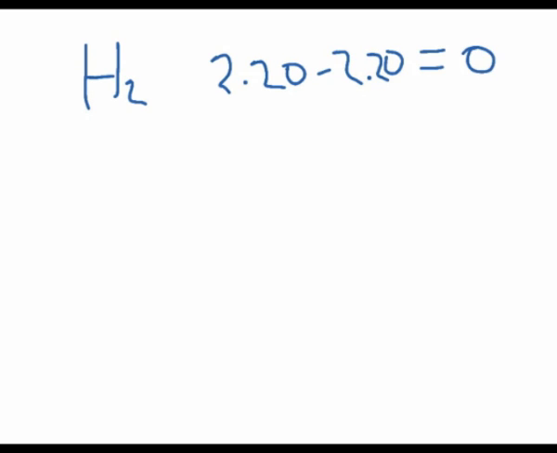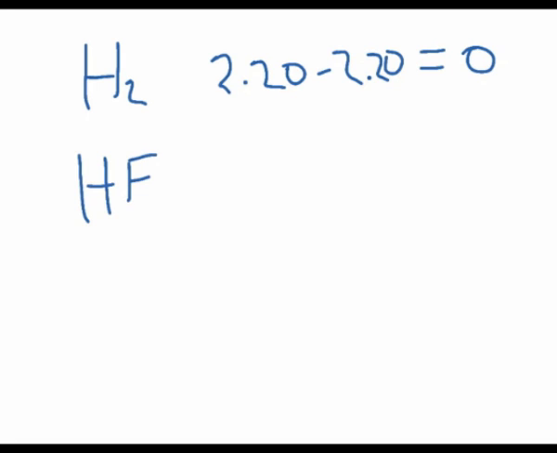We've seen 3 molecules. We saw H2. The electronegativity difference between the two atoms is 2.20 minus 2.20 equals 0. When the electronegativity difference is 0, we have a nonpolar covalent bond. We looked at HF.